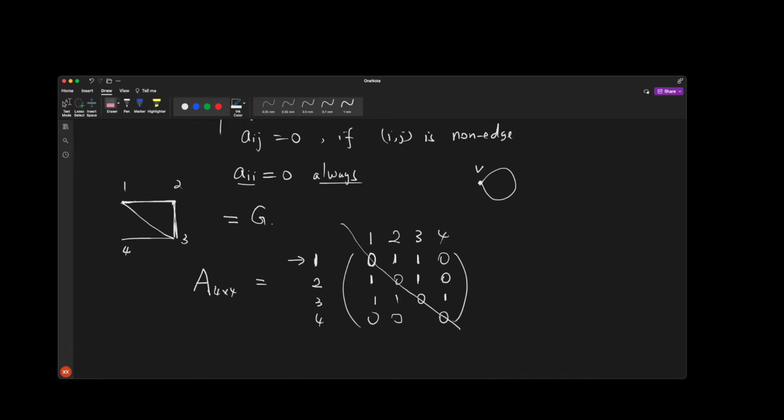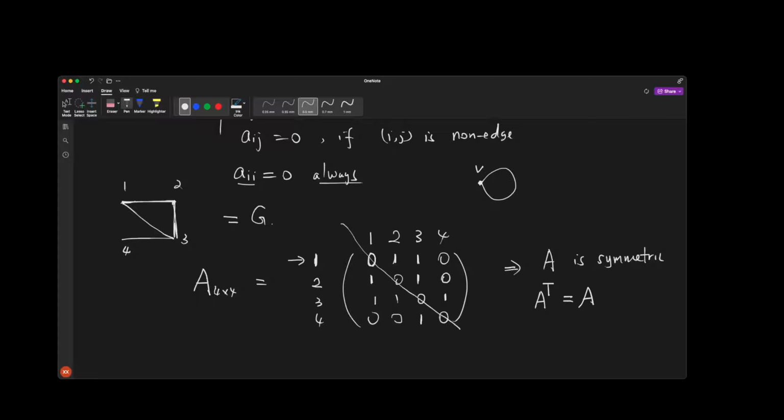Here is 1. Okay, so that we got this. When I say that this matrix is symmetric, it is in the sense that A transpose equals A.